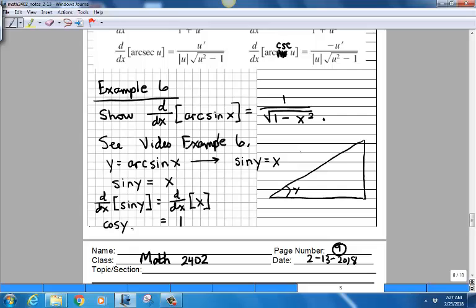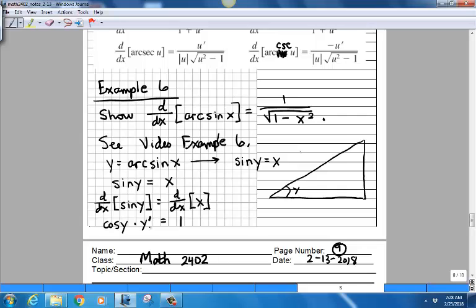But now here's where the implicit differentiation comes into play. We're going to have to apply the chain rule here in calculating this derivative, because y is a function of x itself. So I'm going to multiply by the derivative of y with respect to x. I'm just going to call that y prime, or we could call it dy over dx.